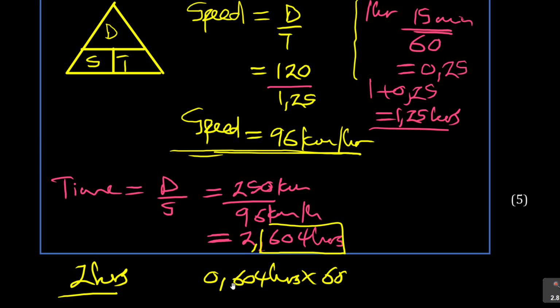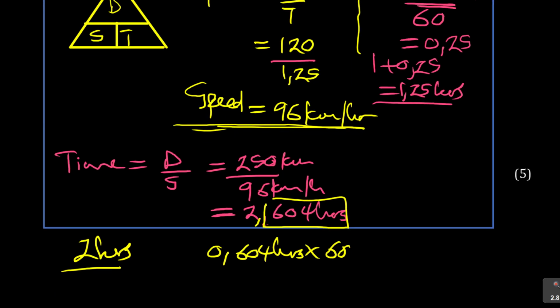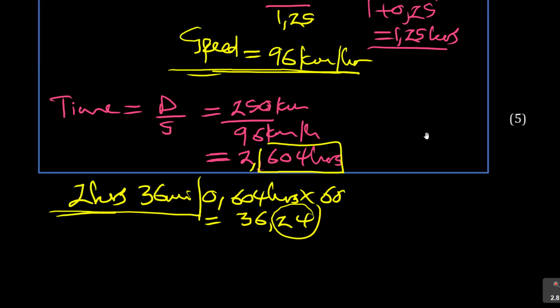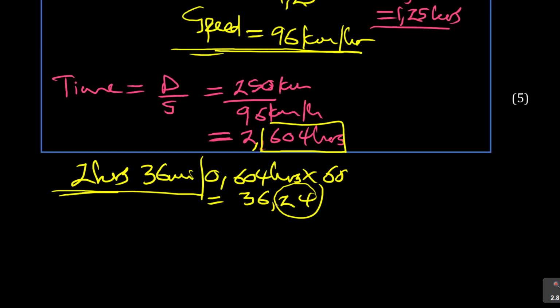So you say 0.604 times 60. That gives me 36.24. Now you can see the answer is 2 hours 36 minutes. 24 seconds, I presume. No, now back again. If they say it with seconds, you're like, okay, I've got this 36.24, which is 0.24 minutes.